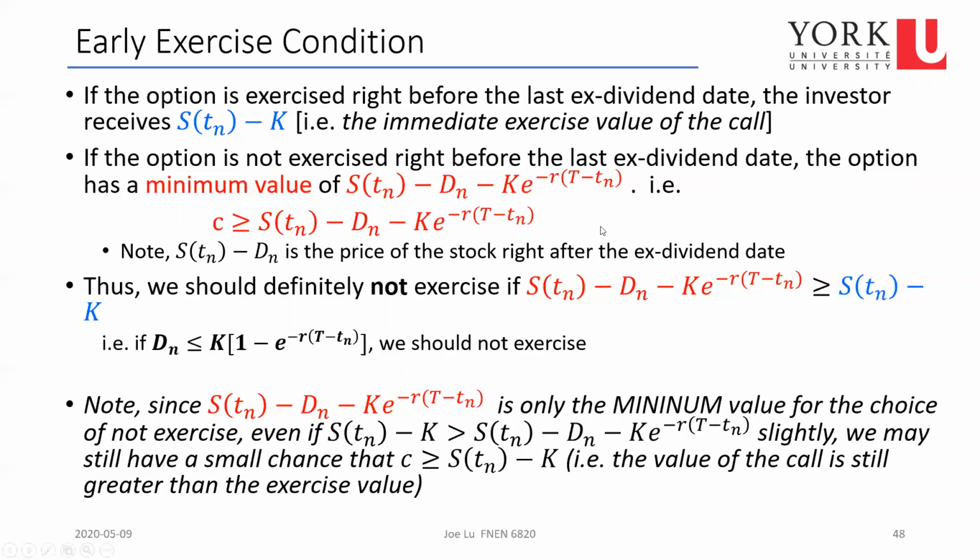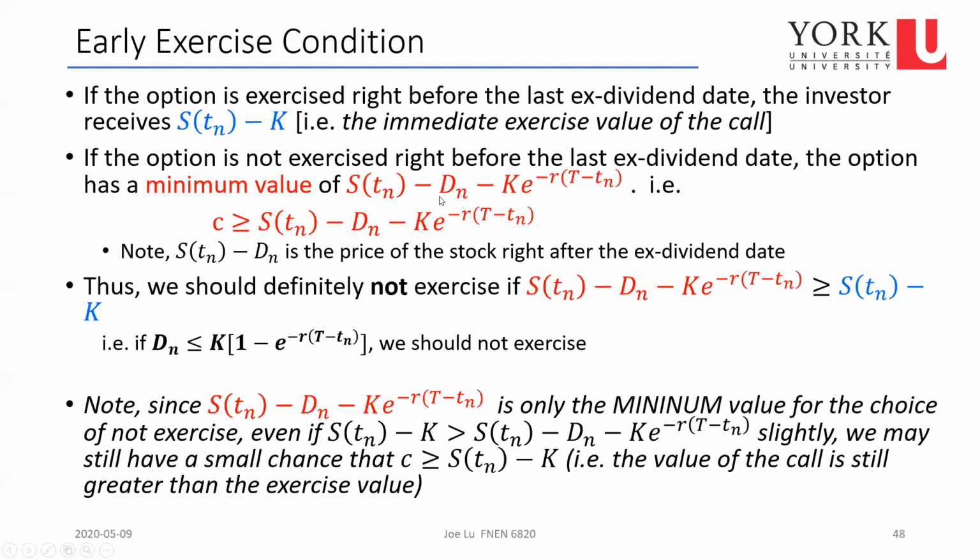Now, if you don't exercise, what's the value of the option if you were to wait? Well, the option has a minimum value of S minus the dividend, minus K discounted, the discounted value of K. Why is this the minimum value?